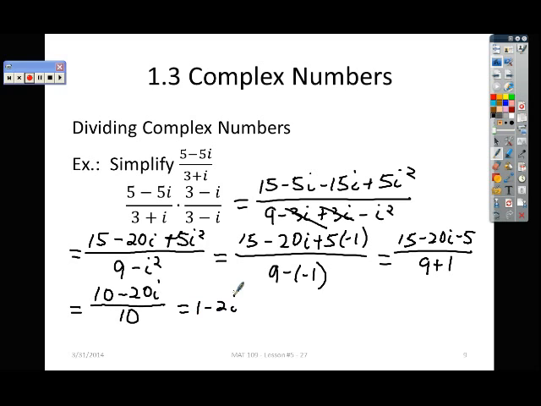So our result only has two terms, a real part and an imaginary part.